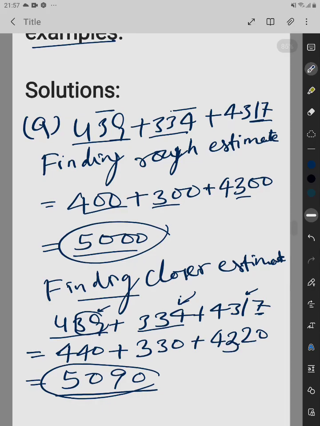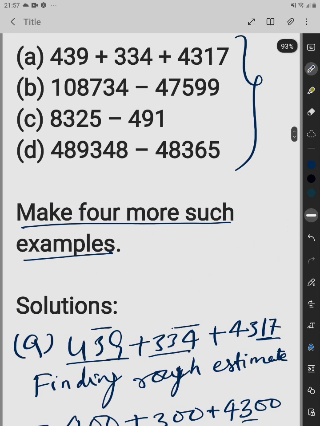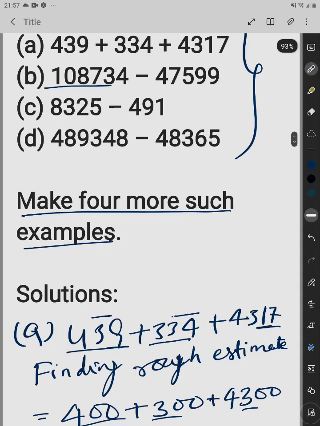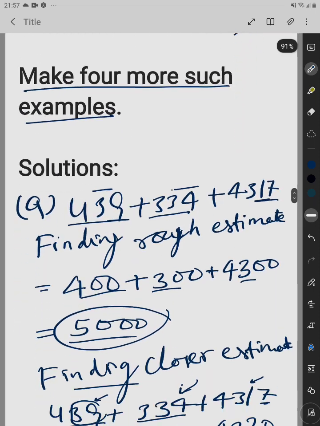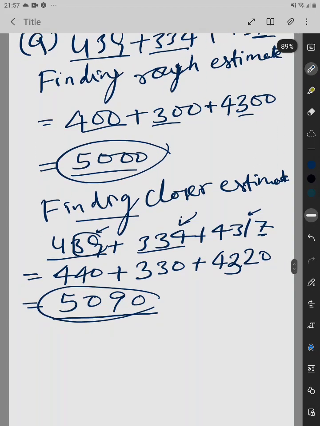Now we'll take the B part of the question. It is 108734 minus 47599.